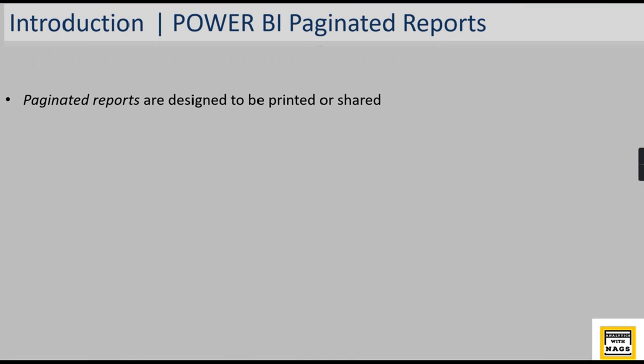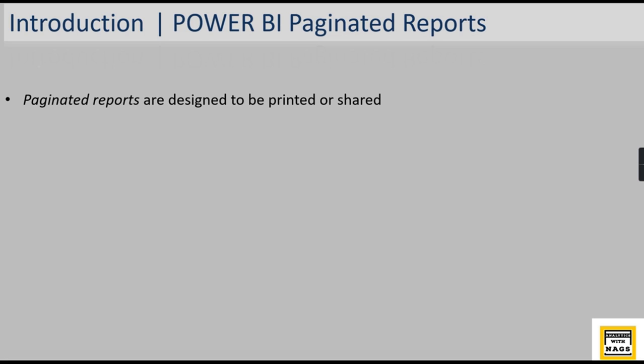Paginated reports are designed to be printed or shared. So if your Power BI reports are meant for printing and sharing, you need to go for Power BI paginated reports. A lot of the time with the Power BI reports you have seen so far, when you adjust them, they will fit into the page or fit into the width, and there are other options available.